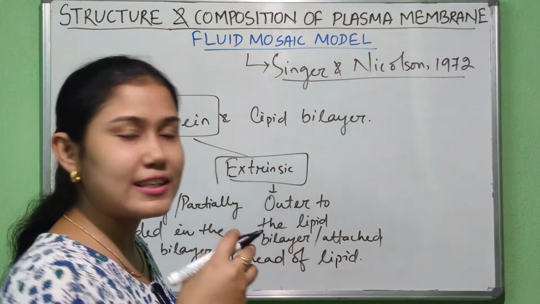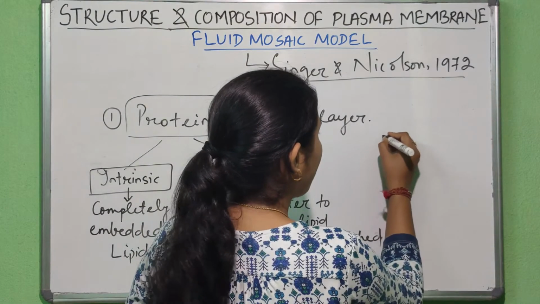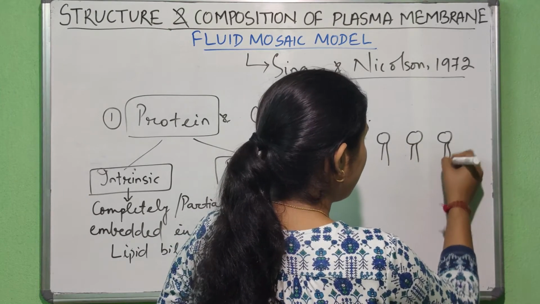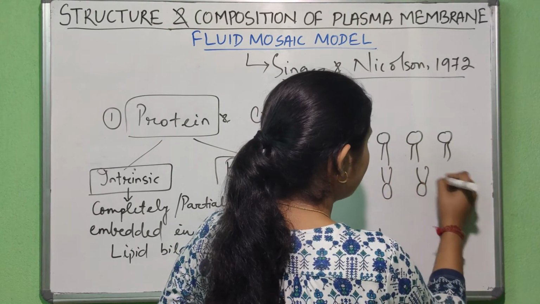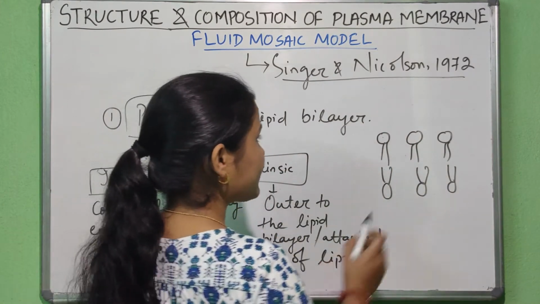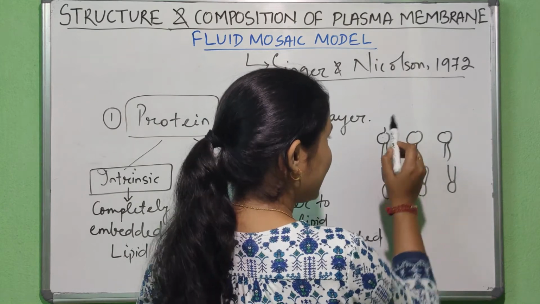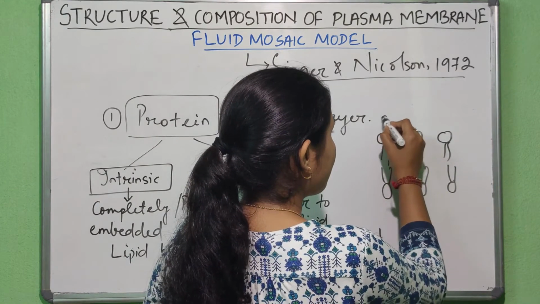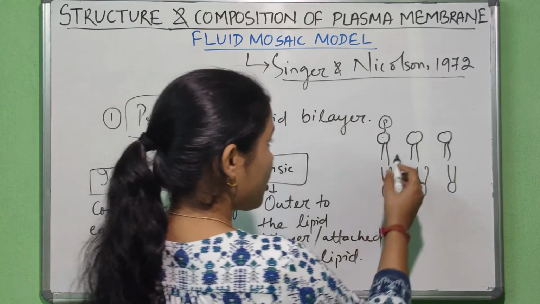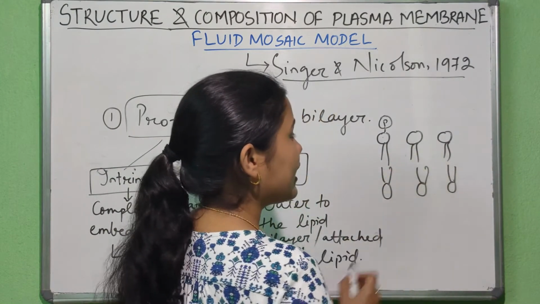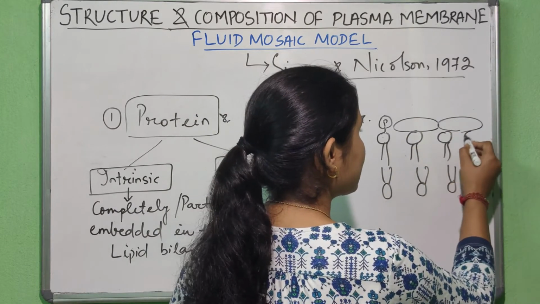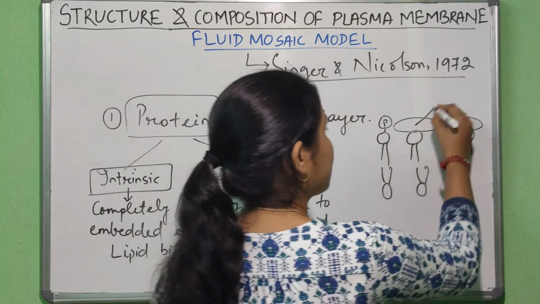So if we consider the structure, how will it look? This is the head and tail of the lipid bilayer. This is the head part, this is the tail part. And in some lipids the phosphorus group is present. That kind of lipid is known as phospholipid. So attached to the head are the extrinsic proteins.